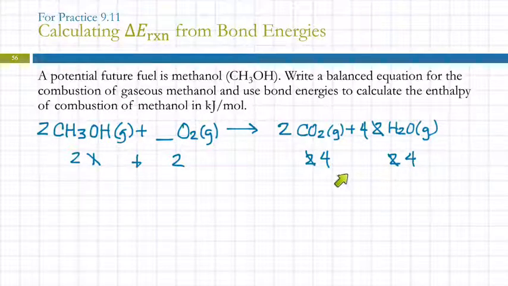So we have a total of 8 over here, and 2 plus 2 is only 4. We need this to be 6, right? 2 plus 6 will give us 8, so we'll put a 3 in there. So that's a review of balancing equations. So let's get rid of our scribbles here because we don't need those.